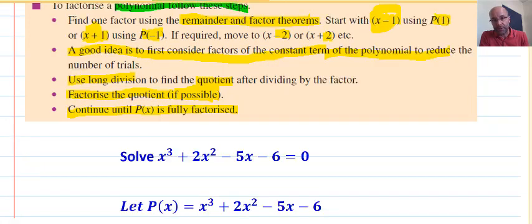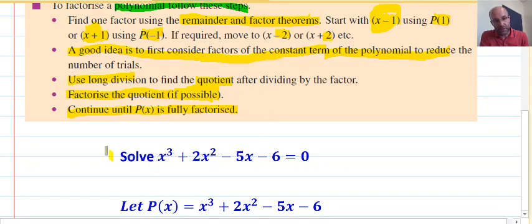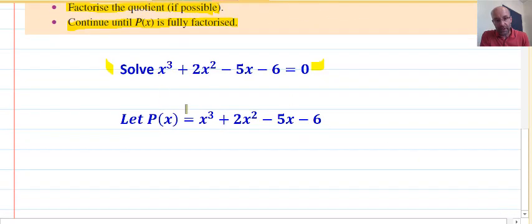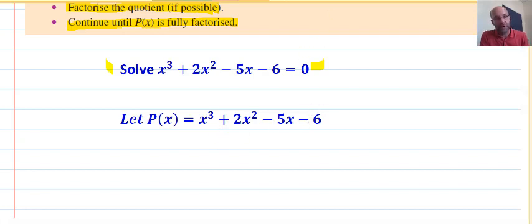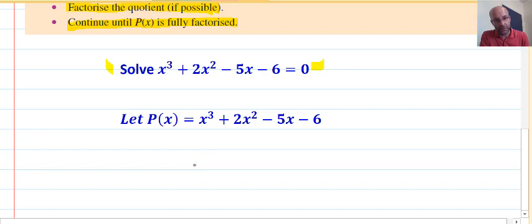Let's try it. So we're going to try that now on the polynomial I mentioned before. We're going to solve x cubed plus 2x squared minus 5x minus 6 equals 0. So let's define p of x equal to x cubed plus 2x squared minus 5x minus 6, and let's kick into our division.